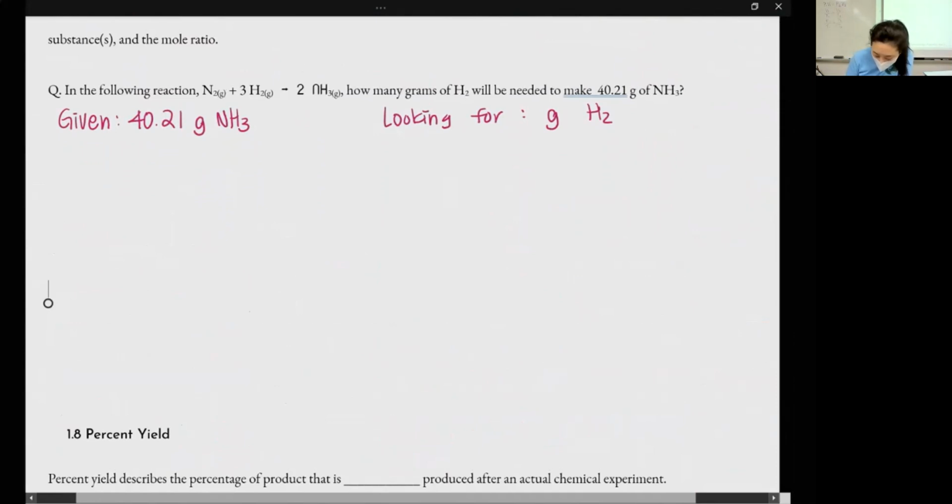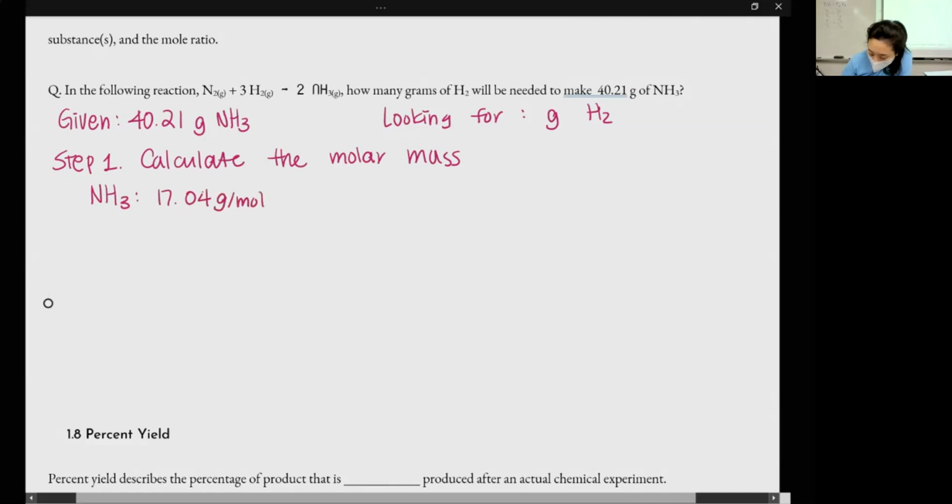So step 1, calculate the molar mass of each one. So NH3, we calculated before, so I'm just going to use that. 17.04 grams per mole. H2 would be 2.02 grams per mole.